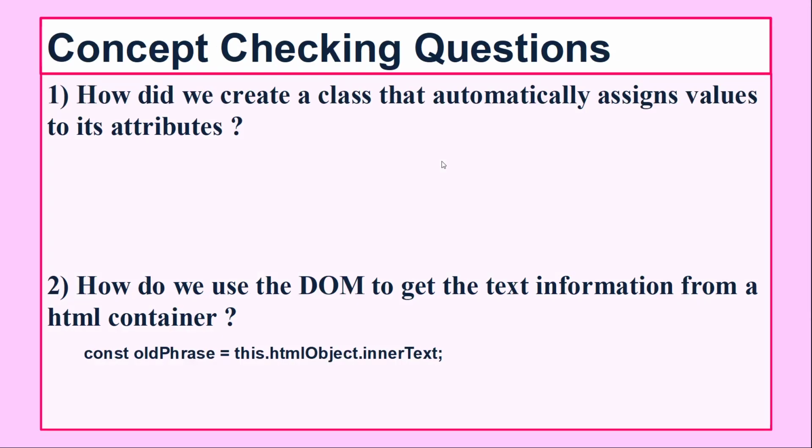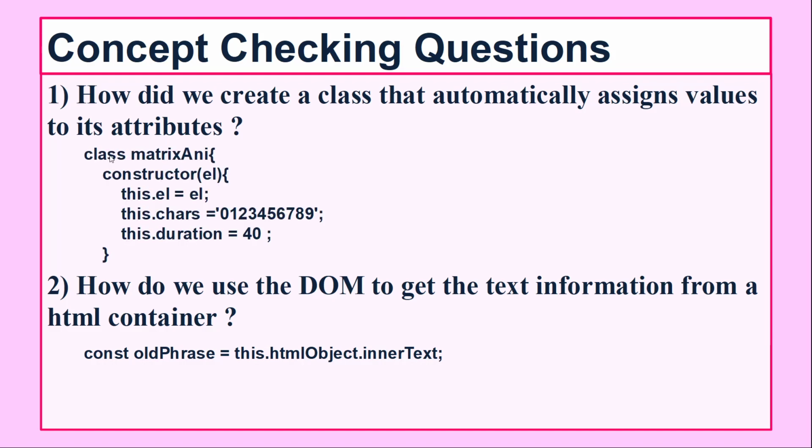So how did we create a class that automatically assigns values to its attributes? Well, we created the class by using the class keyword and the name of the class. Then we used the constructor, and this means that it's automatically called once the object of the class is created.